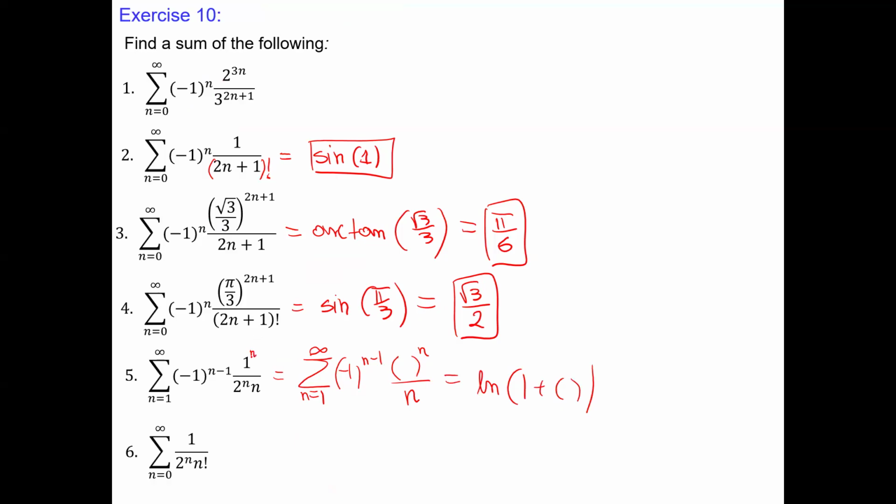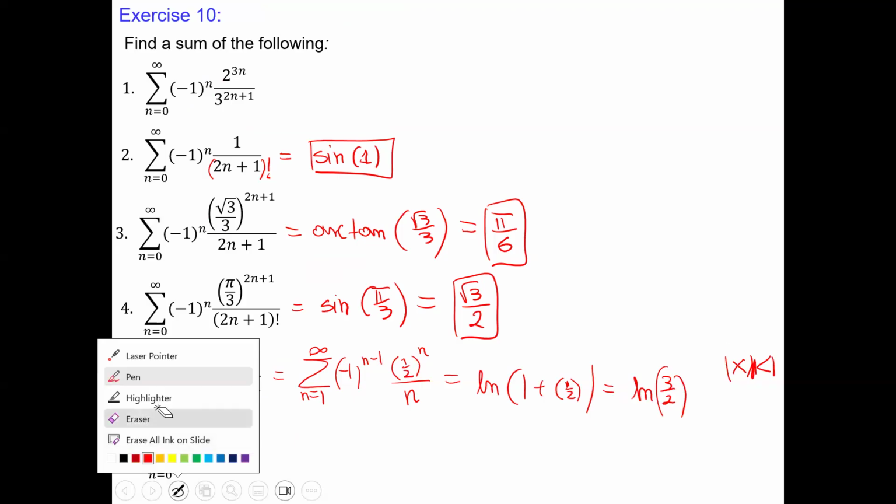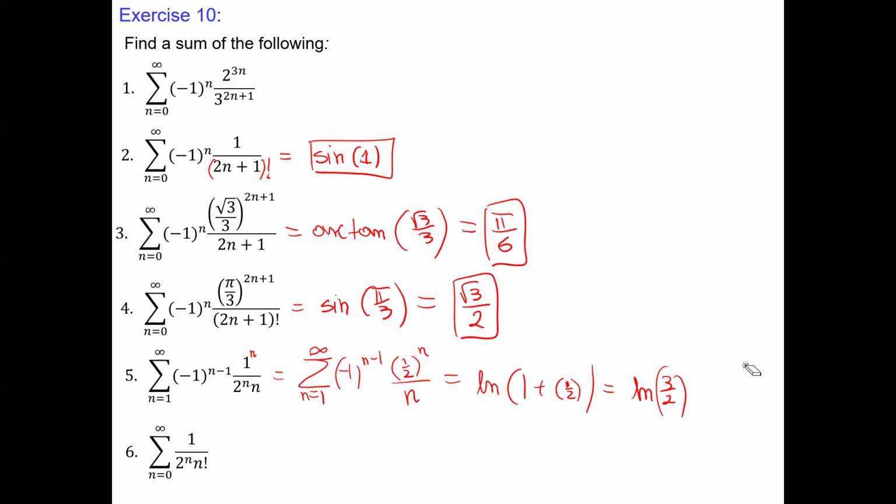If I put 1 to the n over 2 to the n, that is 1/2, and this will be natural log of 3/2. And this is good only, again, for all of the x's between -1 and 1, because it's based on the geometric.